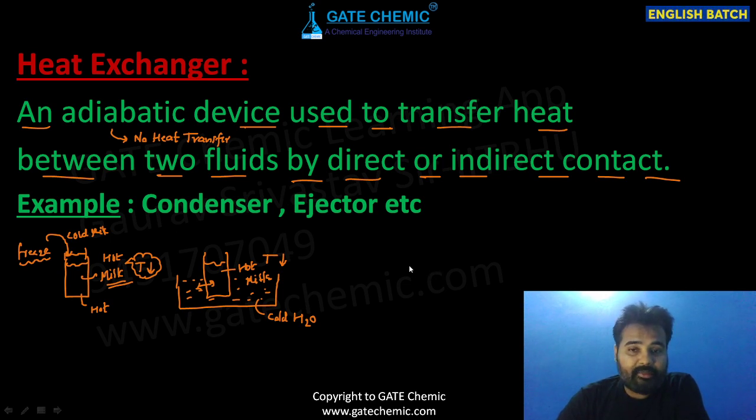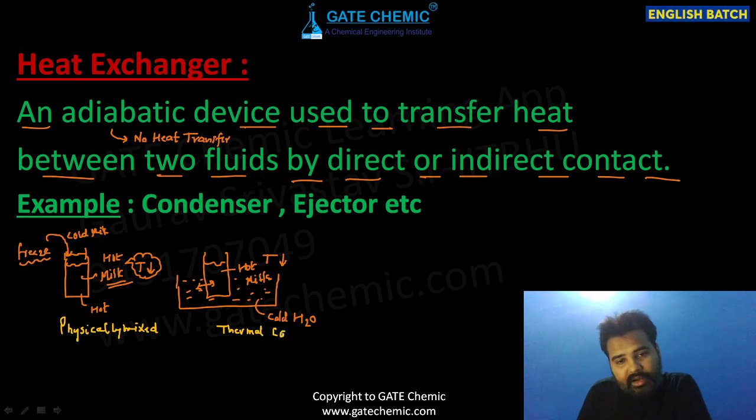So they can be in physical contact or just in thermal contact. So here they are in physical contact, physically mixed, and here they are just in thermal contact, physically unmixed.